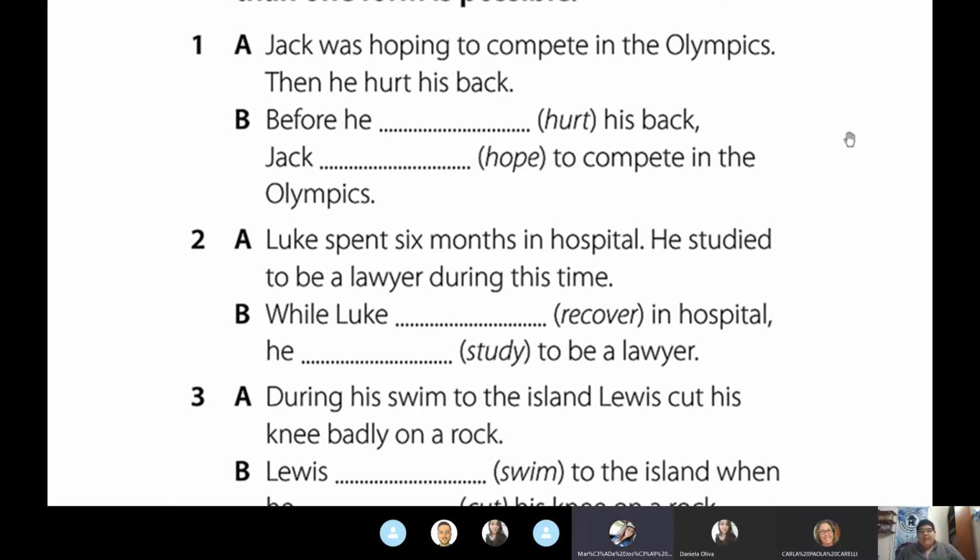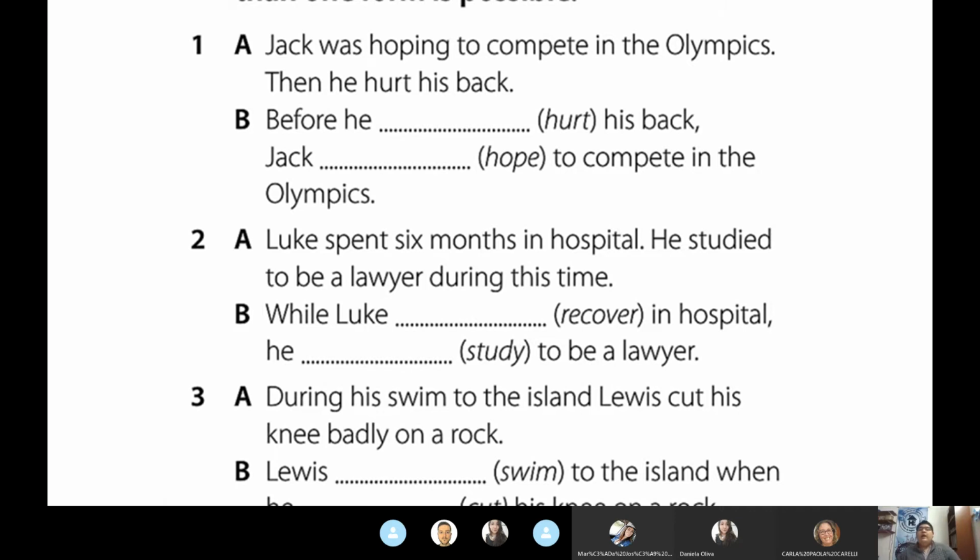So maybe you can say, if I were you, I would write, before he hurt his back. Remember that hurt is irregular, it doesn't change. Before he hurt his back, Jack had hoped to compete in the Olympics, had hoped.